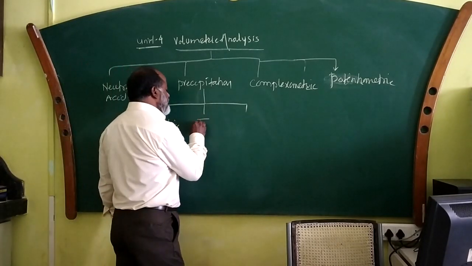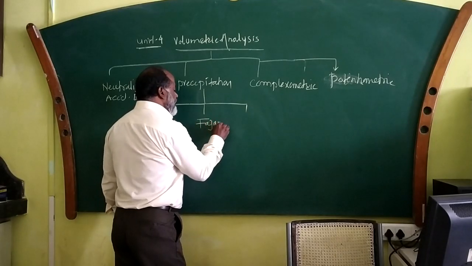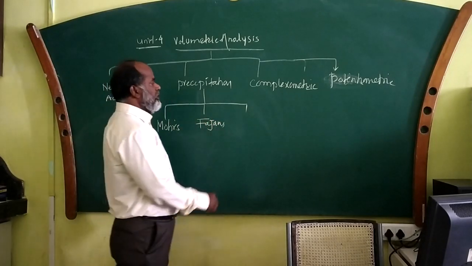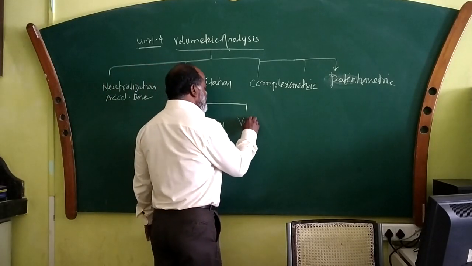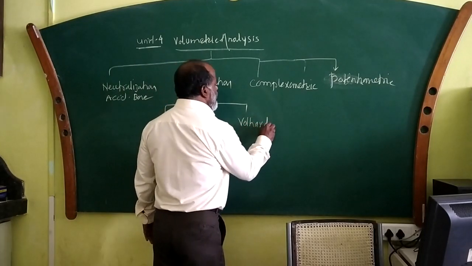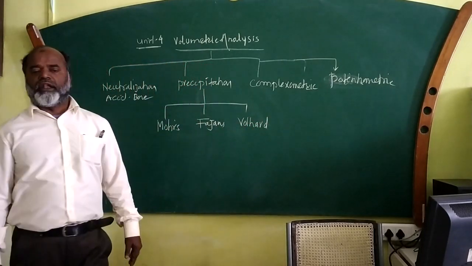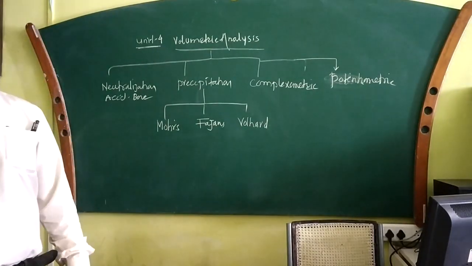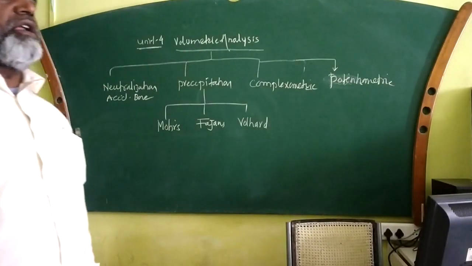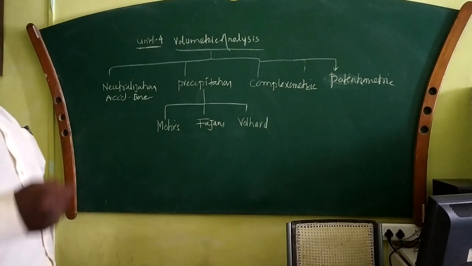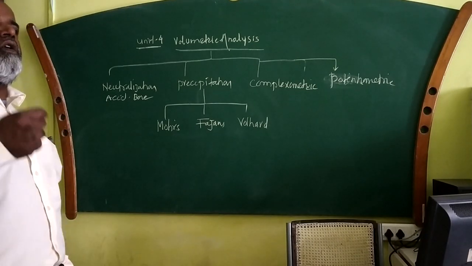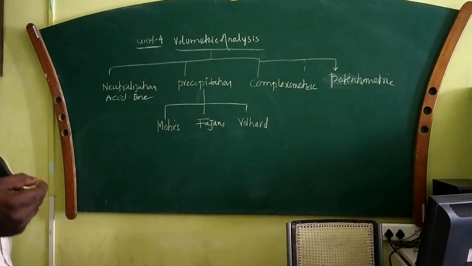Second is called Fajans' method. And third is called Volhard's method. These are the three types of precipitation titration classified on the basis of the type of indicator used or the color of the precipitate formed.